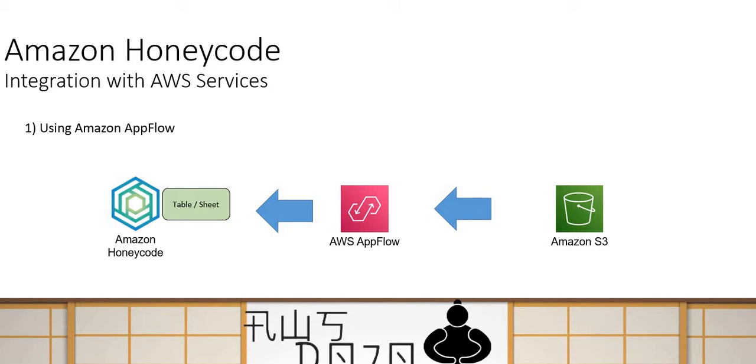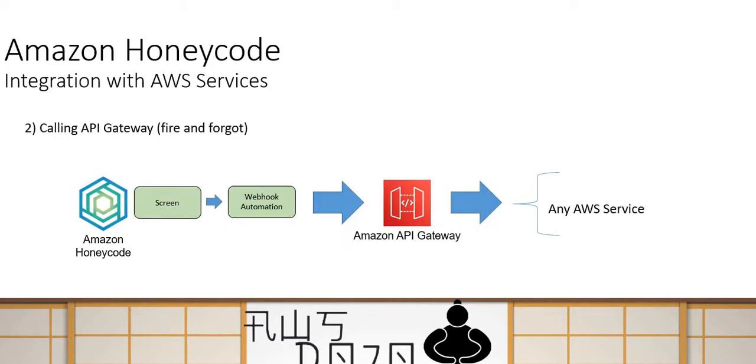Simple. The other thing is, what if Honeycode wants to call an API? So you have got your Honeycode app over here, some screen. You can use a webhook automation, and through that webhook automation you can call an AWS API Gateway based API, and then that API can provide integration with any other AWS services.